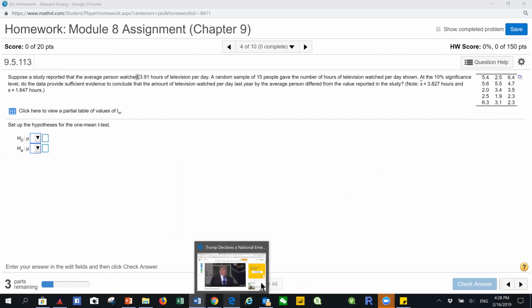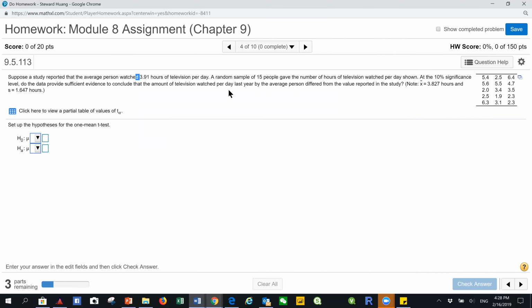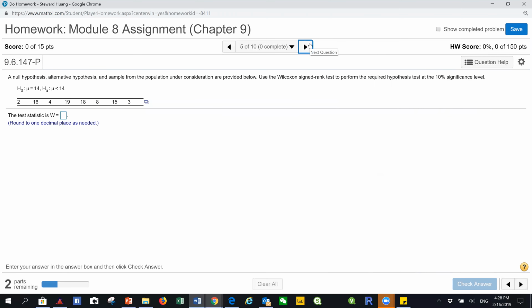It is similar to the previous one, only this time you will use t, because you plug in s, the sample statistic. You will get the correct answer. And this is a one-tail test.